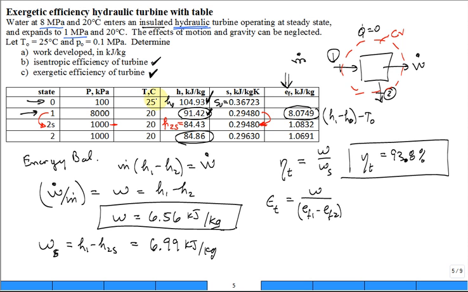Well, for this problem, the dead state temperature is 25, or T0 is 298 Kelvin. So we put 298 there. S minus S0, and I neglect effects of motion and gravity, so kinetic and potential energy are negligible at states 1, 2s, and 2. And so that's how we calculate it. You use this value, this value, this value, this value, plus 298, boom.